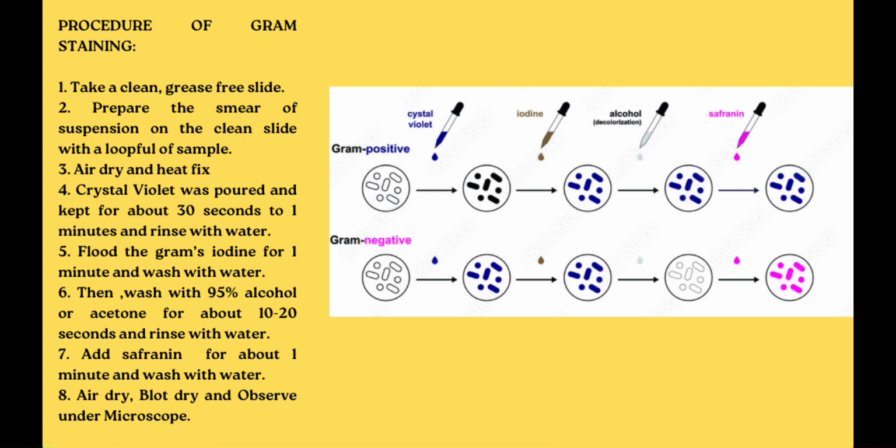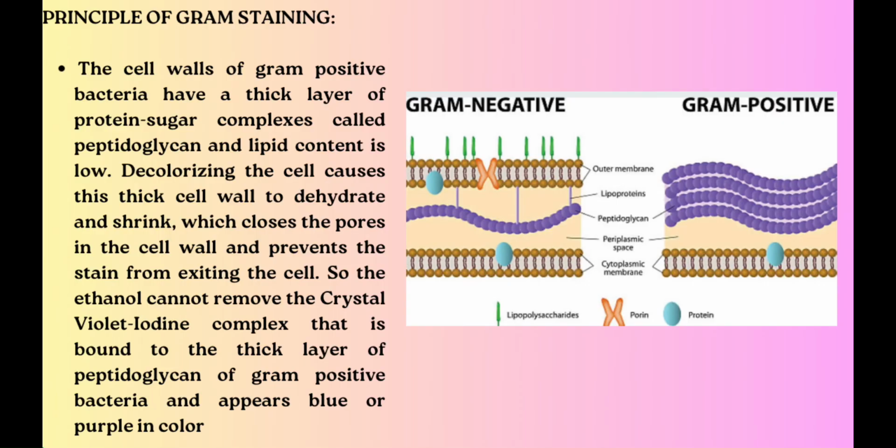Flood with gram's iodine for 1 minute and wash with water. Then wash with 95% alcohol or acetone for about 10 to 20 seconds and rinse with water. Add safranin for about 1 minute and wash with water. Air dry, blot dry and observe under the microscope.